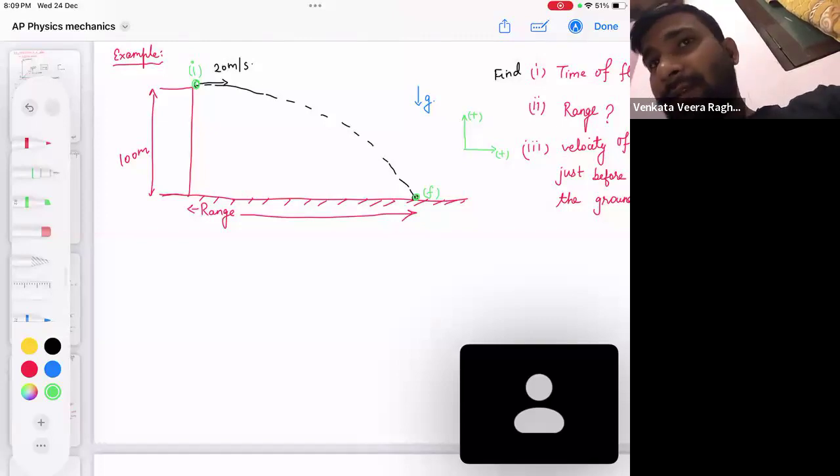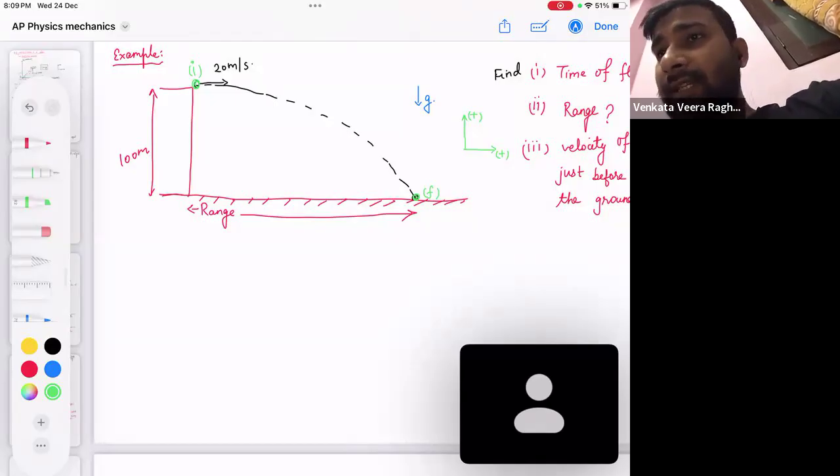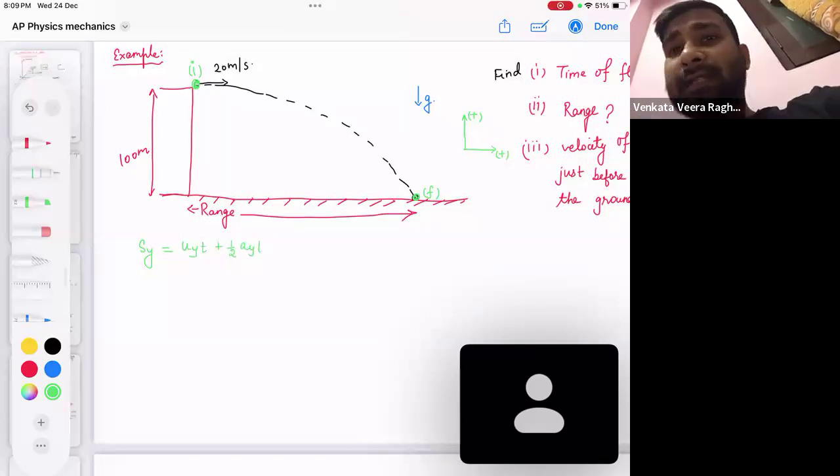If you look at initial and final point, is there some displacement in the downward direction? If you join the initial and final point, that will be called displacement. So this displacement has two parts, na? Horizontal as well as vertical. So can I write it here? Displacement in y direction will be equal to u_y t plus half. Please tell me, what is the displacement in y direction? Is that -100? Please check it and tell me.